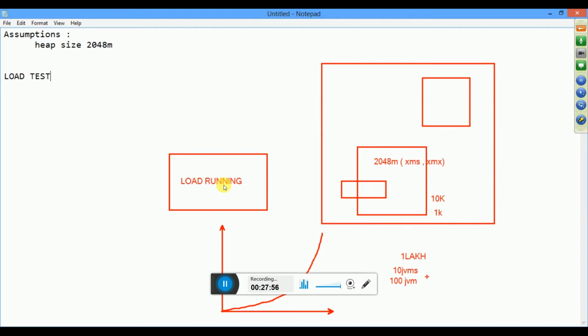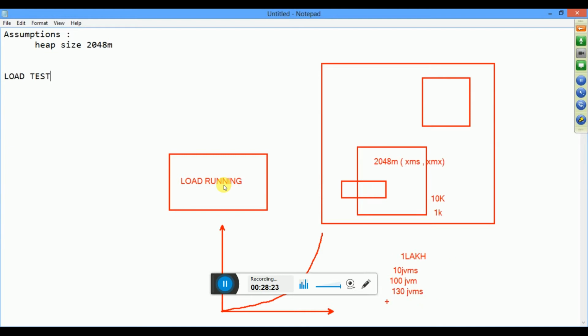So the 100 itself is the exact number, but you're going to have at least 30% more, because you won't wait till it crashes. You will send only 700 requests so that it is decently occupied and it's performing fine. So 100 itself is not a final number. You need to add another 30%. So 130 JVMs is what you settle for.